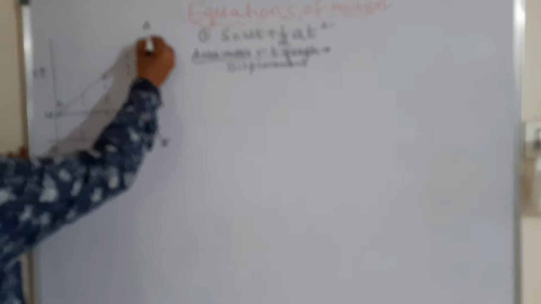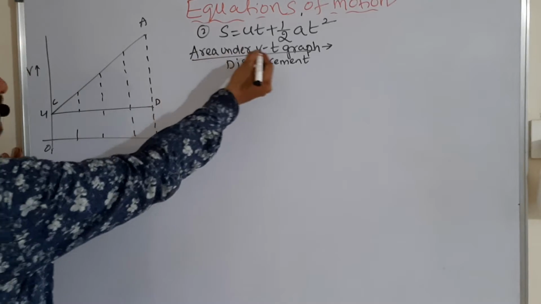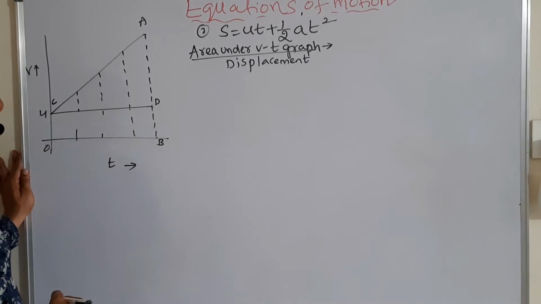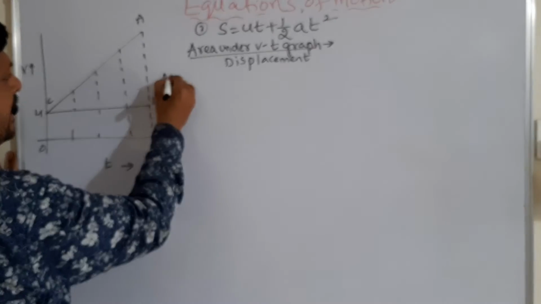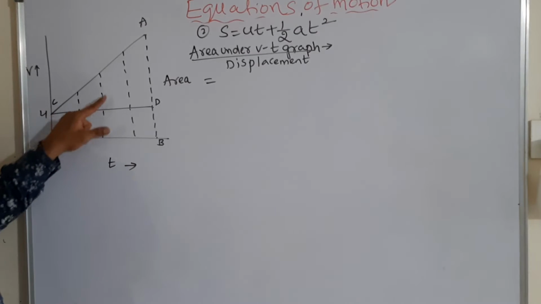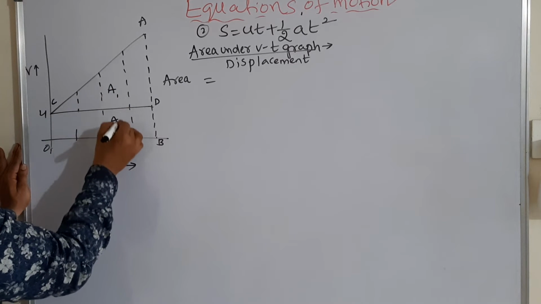Now find first of all this one. The area under the VT graph gives displacement, so find the area under the graph. Here are two areas, this is one, this is another one. This is area 1, this is area 2.